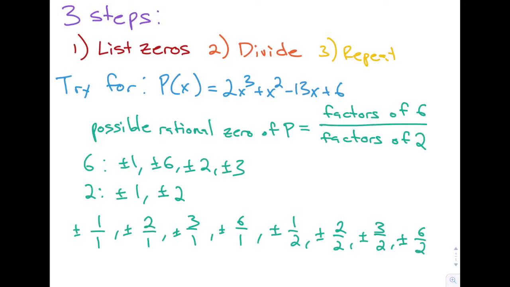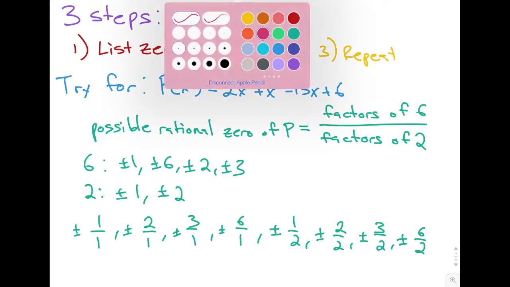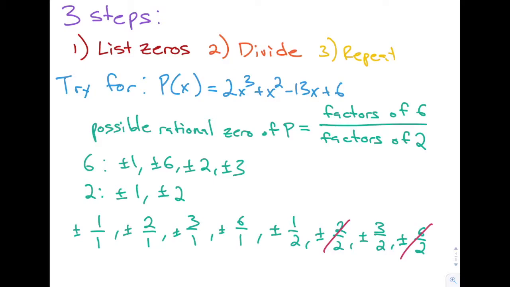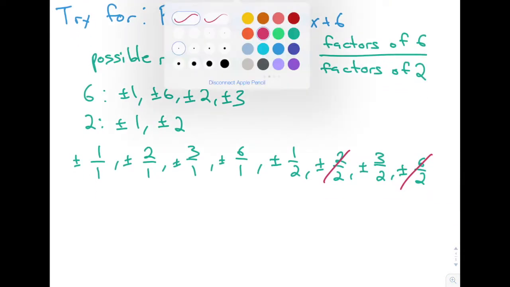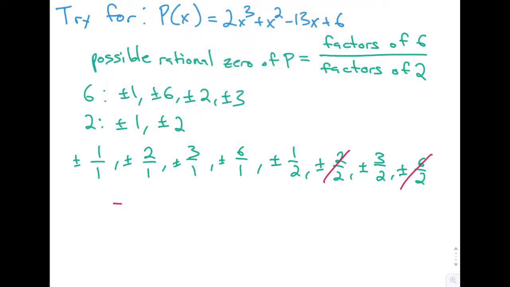Of course, 6 over 2 is the same thing as 3 over 1, and 2 over 2 is the same thing as 1 over 1, so we can just cross those out. So altogether we have the possible zeros plus or minus 1, plus or minus 2, plus or minus 3, plus or minus 6, plus or minus a half, and plus or minus 3 halves.